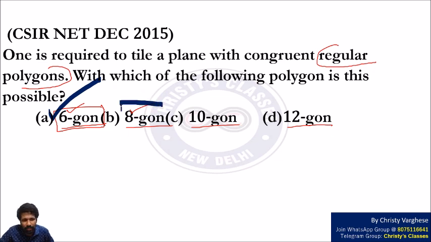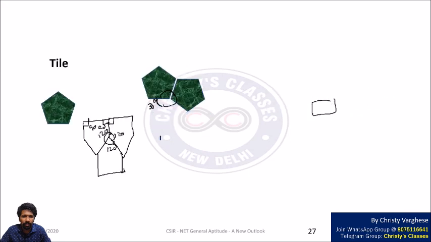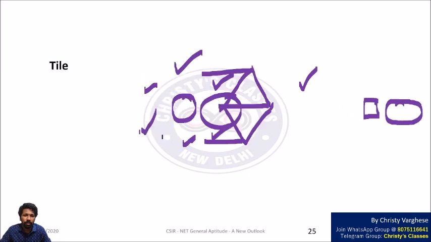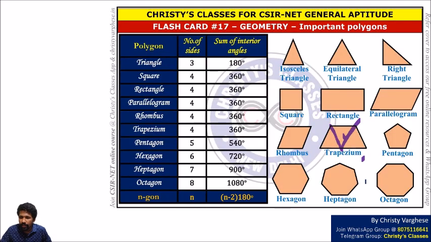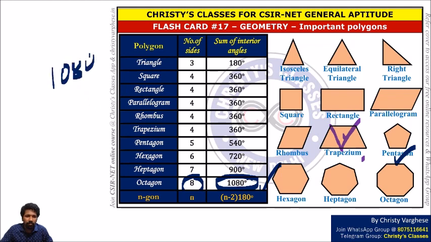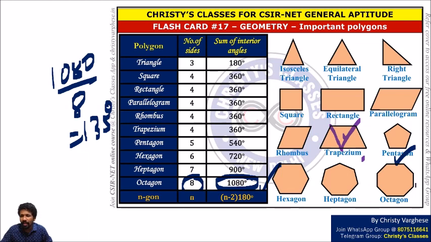But let's see why the other tilings are not possible. Let's go back to the picture we had regarding each polygon. For an octagon, what is the problem? The sum of interior angles is (n minus 2) into 180 degrees, so 8 minus 2, 6 into 180 degrees, 1080. But 8 angles are there, so 1080 by 8 is 135 degrees, each angle.